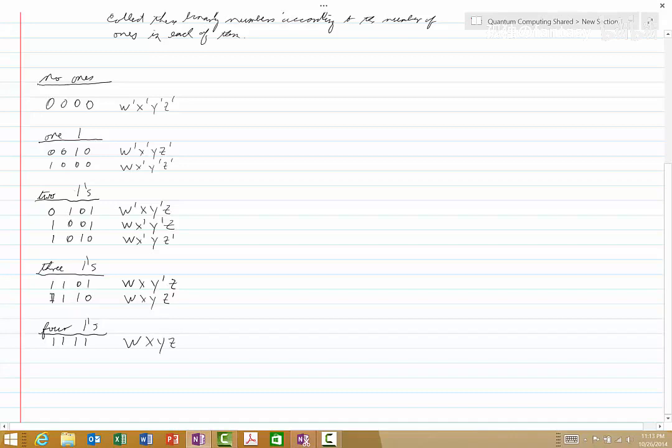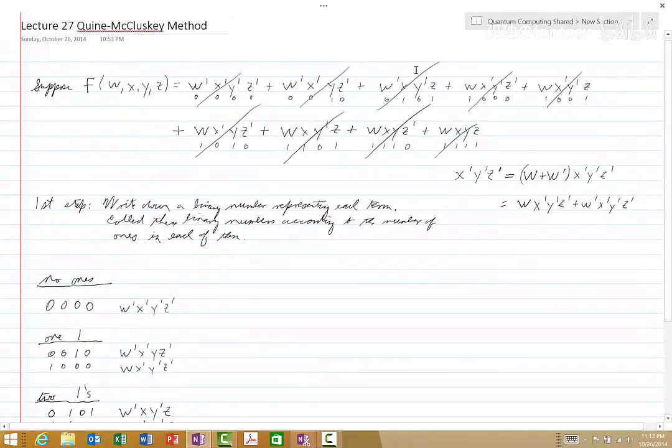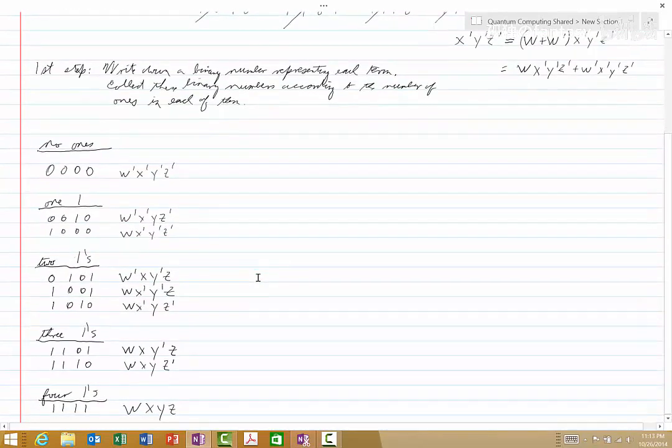Here are all our terms with 3 ones. And here's the one with 4 ones. And let's just make sure we have 1, 2, 3, 4, 5, 6, 7, 8, 9 terms. And let's go above. 1, 2, 3, 4, 5, 6, 7, 8, 9 terms. So we've now accounted for all of the terms, and now what do we do?